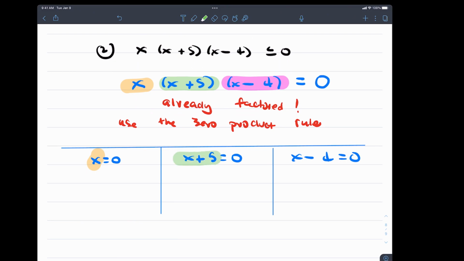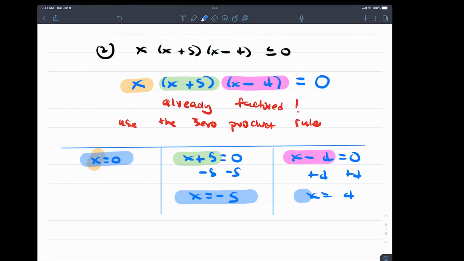The second term is 0. The last term is 0. Subtract 5, and x is what here? Negative 5. Add 4, and what is x now here? X is positive 4. Now, this is already solved for 0. This means x is 0, x is negative 5, and x is positive 4 here.